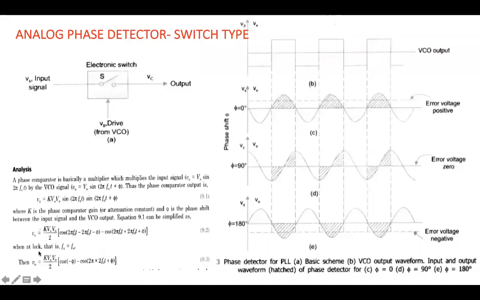When it is in lock phase, that's when Fs is equal to F naught, the source and output frequencies are the same. So this is going to be the final equation here: cos(minus phi) minus cos(2 pi 2 F naught t plus phi). You don't have to derive this. You just have to know the final equation.